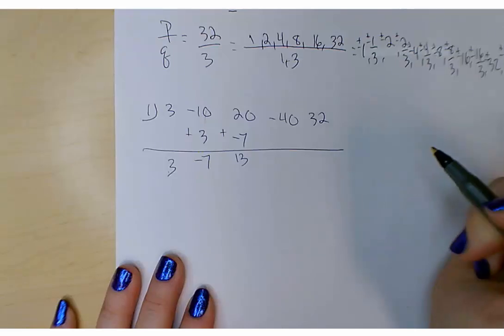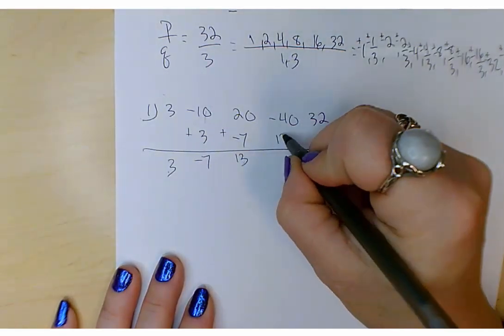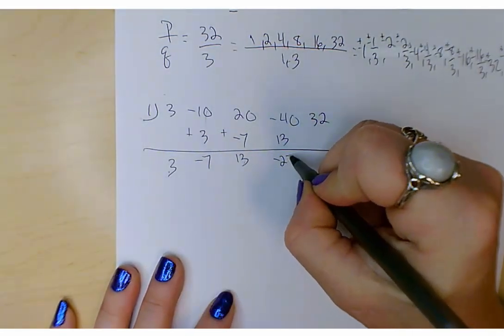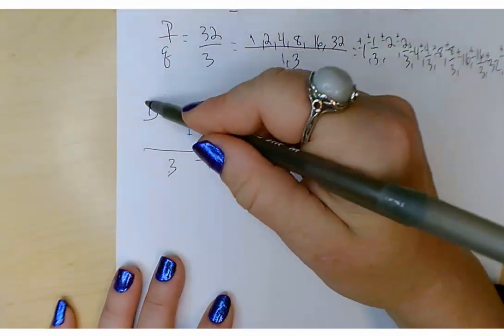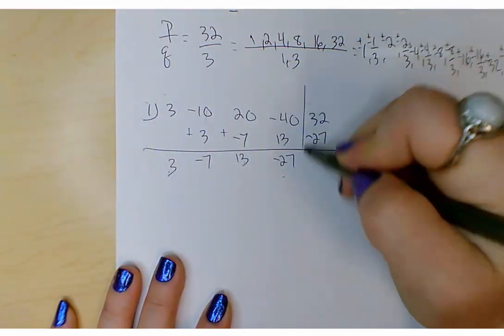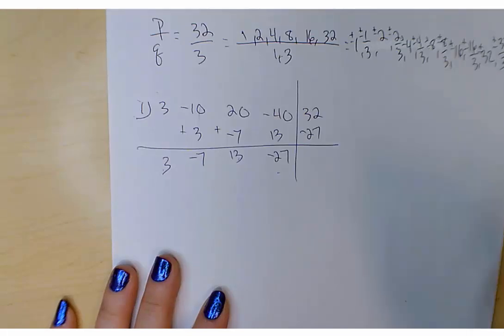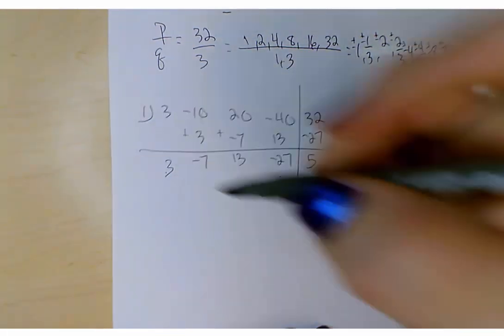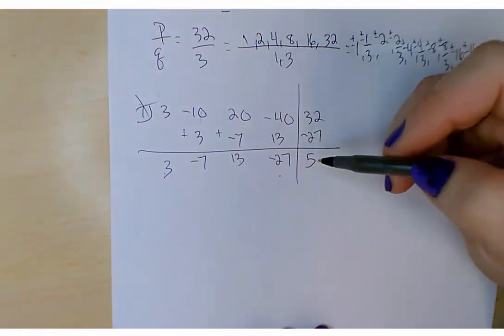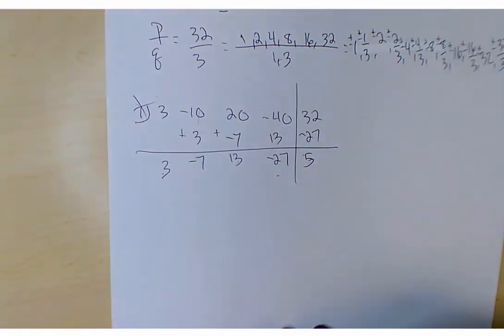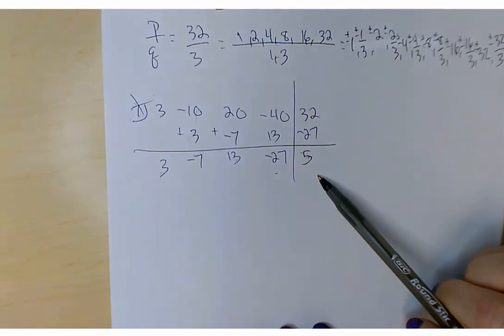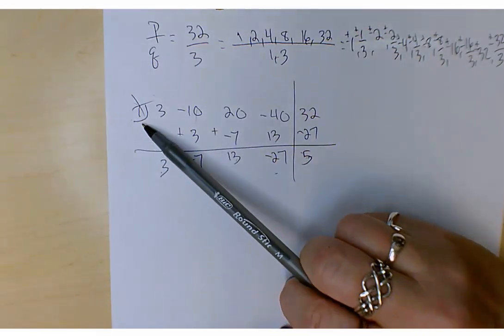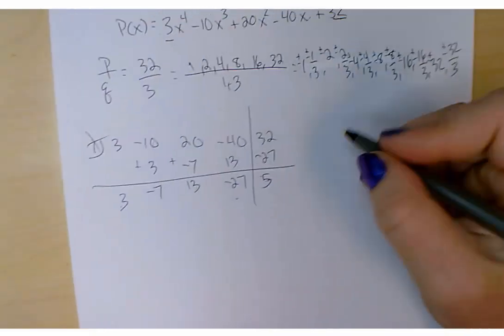When we add, we get 13. When we multiply, we get 13. When we add, we get negative 27. When we multiply, we get negative 27. And for our remainder, we are left with a 5. Now that tells us that 1 is not a solution. We are looking to get a 0 in this spot. If we get a 0 as a remainder, that means the number we just tested is a solution.